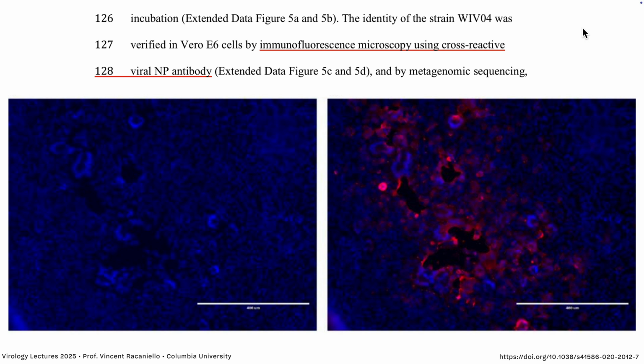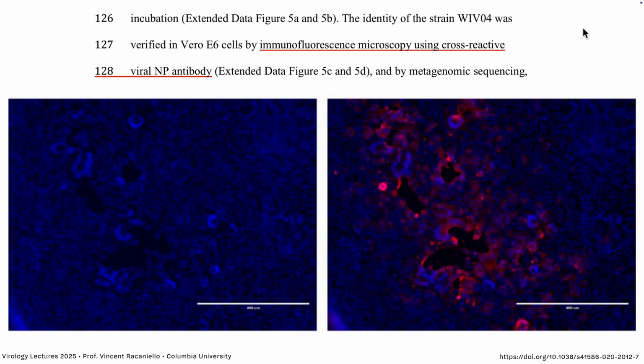Now, this immunofluorescence was very important for identifying SARS-CoV-2. So remember, I showed you a picture of the CPE produced after putting the BALF fluid from a pneumonia patient onto cells. And we got CPE. So they said, that's good, there's a virus. Well, what virus is it?